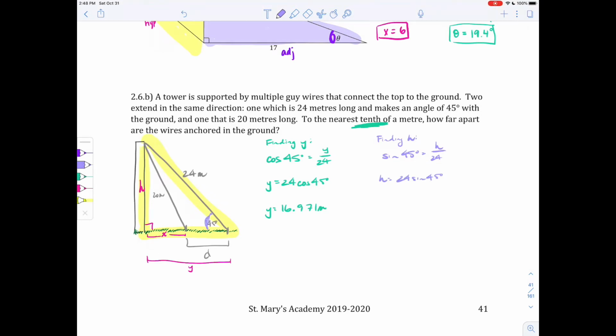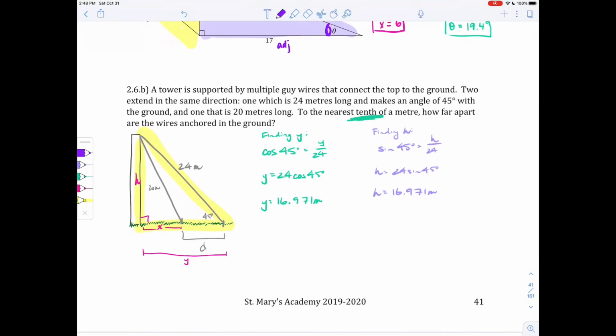But it's worth noting that if this is 45 degrees, so is this, and that's an isosceles triangle, which means that this whole side and this whole side actually have to be the same. So interestingly enough, when you find h, you will still get the same value as y. It's 16.971 meters.